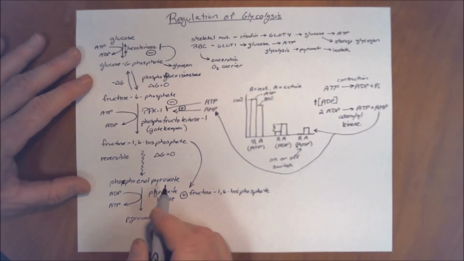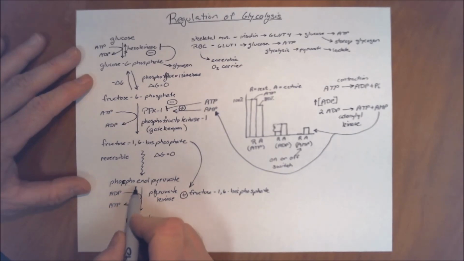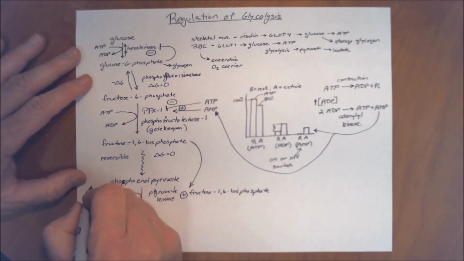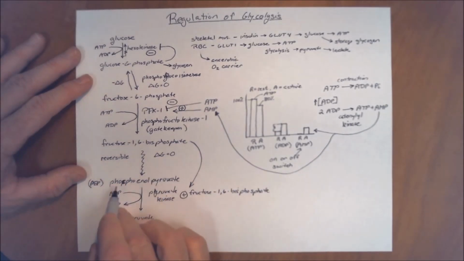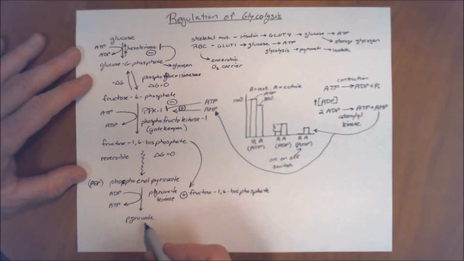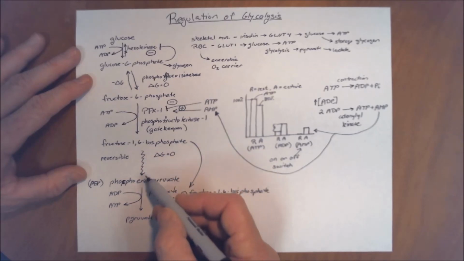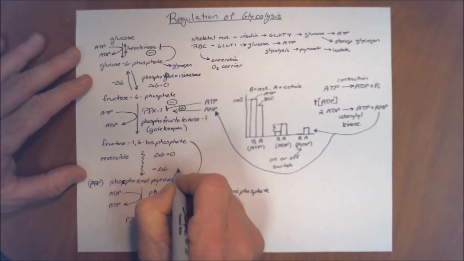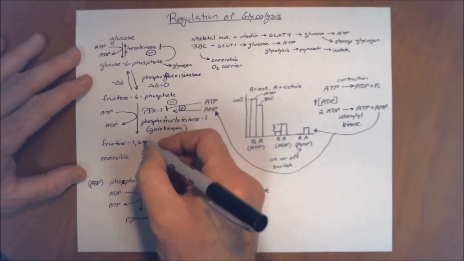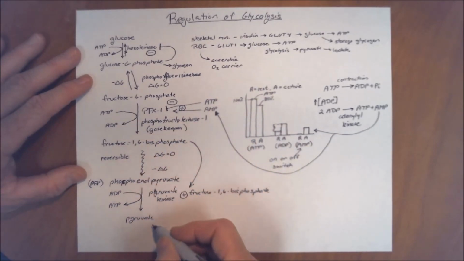By doing that, we essentially deplete phosphoenolpyruvate, again abbreviated PEP. We deplete this substrate, converting to this product, so that we continue a negative delta G change from fructose 1,6-bisphosphate on down to pyruvate.